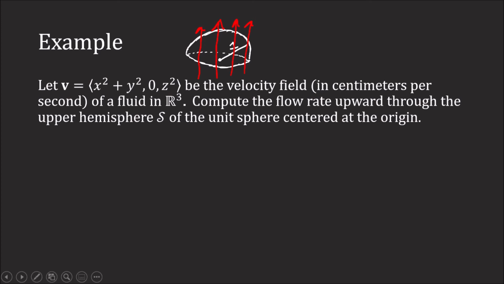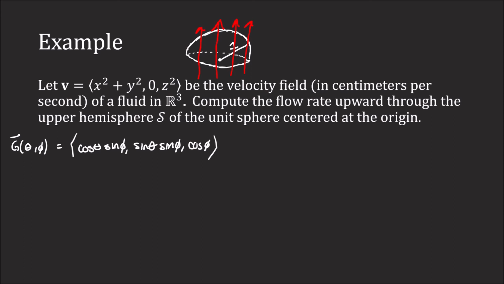Now what we need is a parametrization. Well, it's a sphere. Unit sphere, to be exact. So the parametrization will be cosine of theta sine of phi, sine of theta sine of phi, cosine of phi. Now theta remains unchanged.